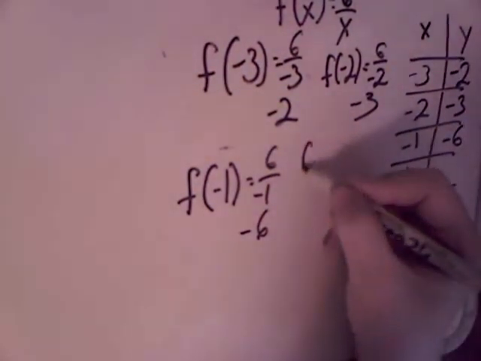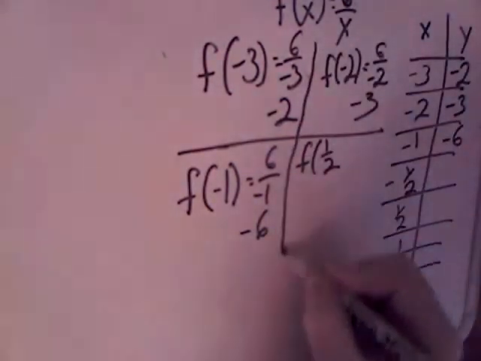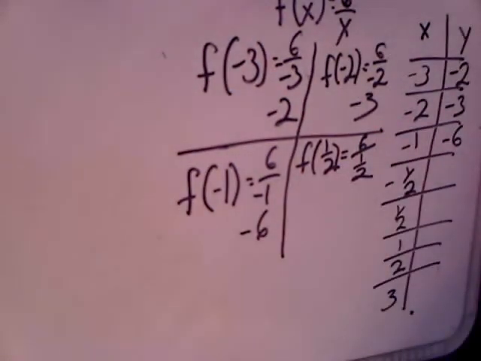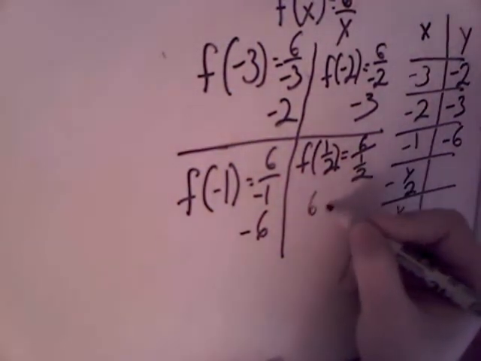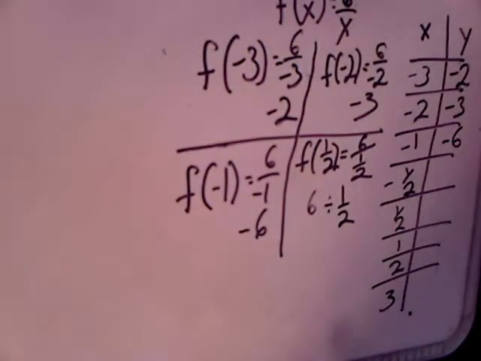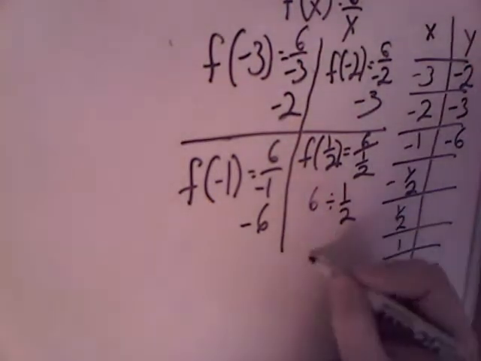And when x is -1/2, I have 6 over -1/2, which actually means 6 divided by -1/2. Now we need to multiply by the reciprocal. The first number stays the same, just stays 6.